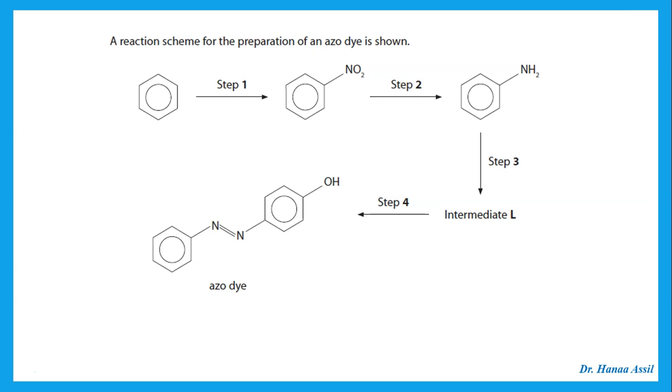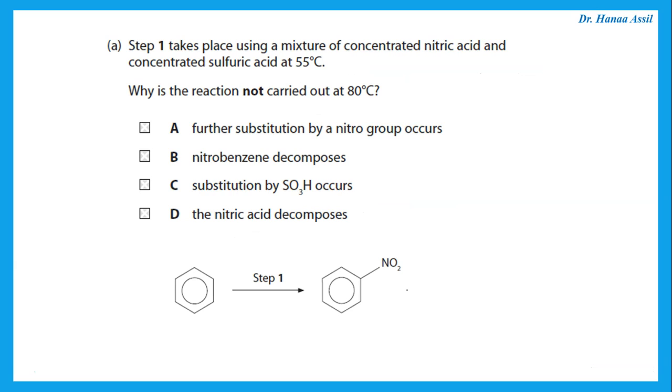A reaction scheme for preparation of an azo dye is shown. Question 1 says, step 1 takes place using a mixture of concentrated nitric and concentrated sulfuric acid at 55 degrees Celsius. This is how we put a nitro group on the benzene ring. And the question is, why is the reaction not carried out at a higher temperature?